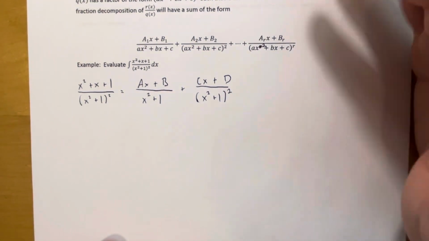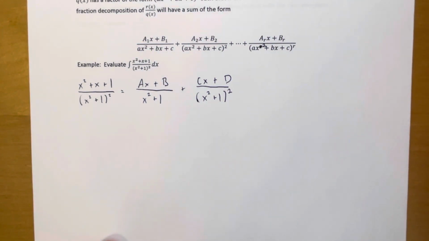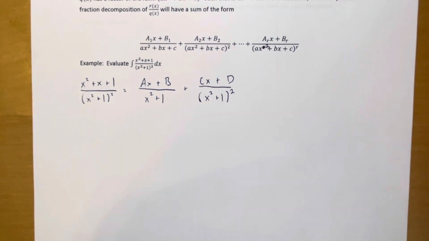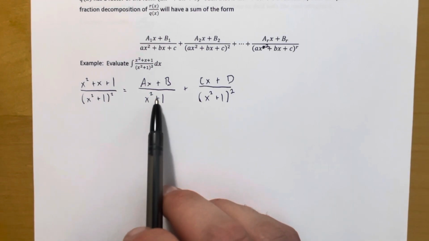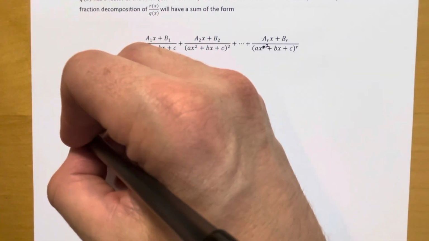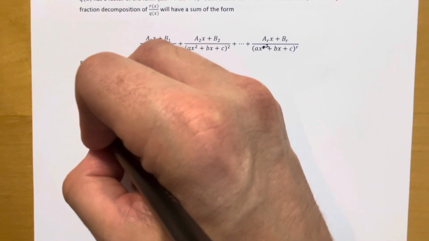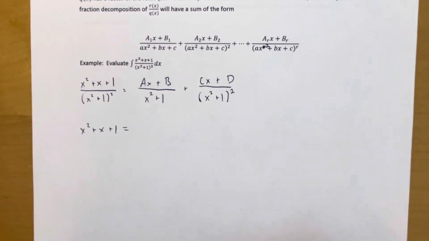Okay, similar approach as what we've been doing so far. I want to clear the denominators from both sides. So let's think about what that's going to look like. Multiply both sides by x squared plus 1 quantity squared. That eliminates this and this. X squared plus x plus 1 is all that's left on the left side.